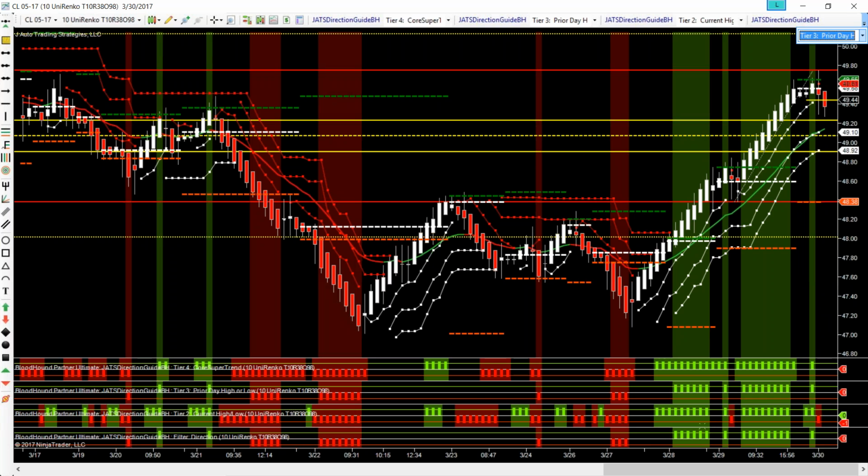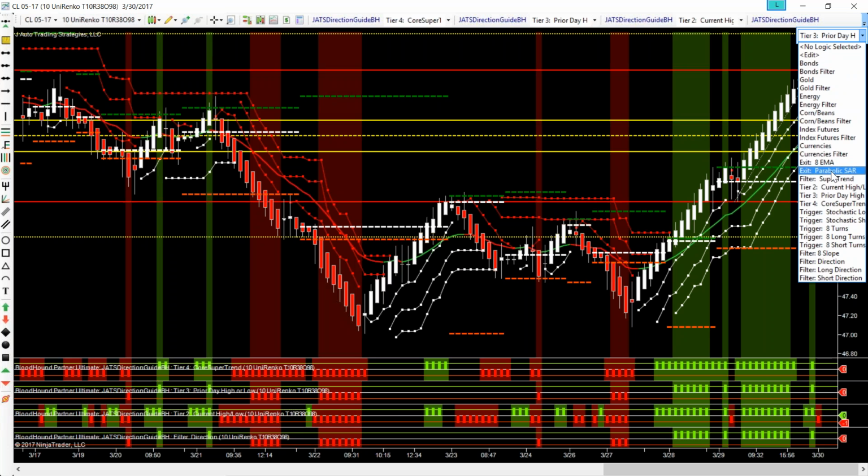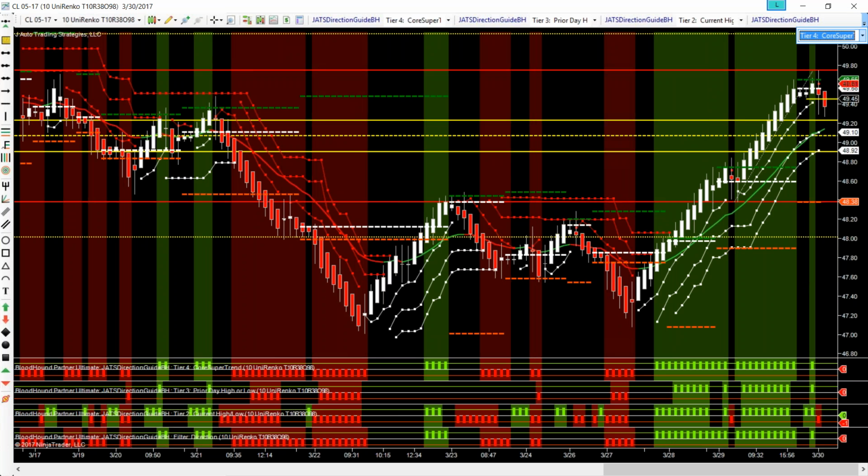And of course, if the other layers are firing off, your core trend direction, your current high-low pivot, the core super trend, and here's my core super trend. I call it the core because it's the core of this strategy. It uses open to close, high to low, relative price relative to the prior close, and some other momentum and trend algorithms that I have in this template.